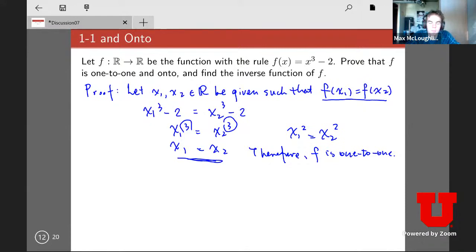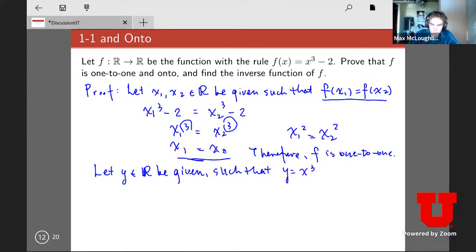So we're going to start an onto proof with: let y in R be given such that y is equal to x cubed minus 2.